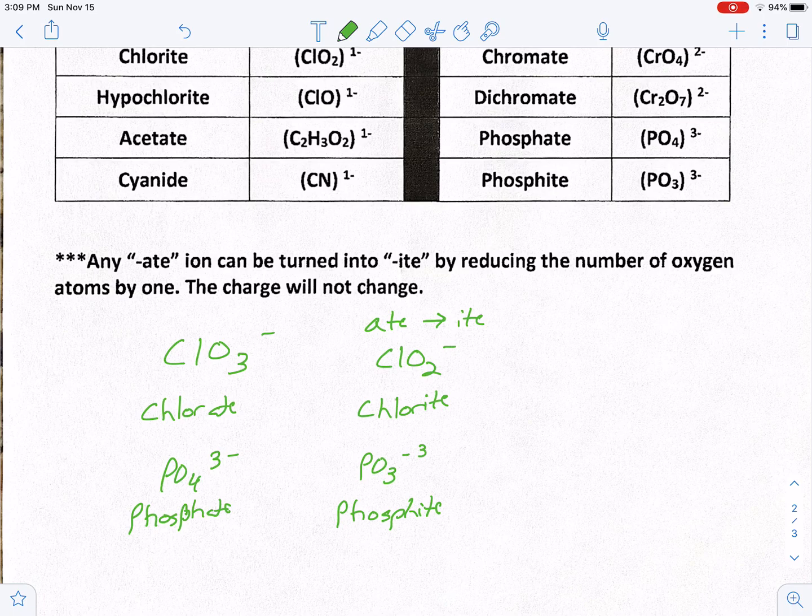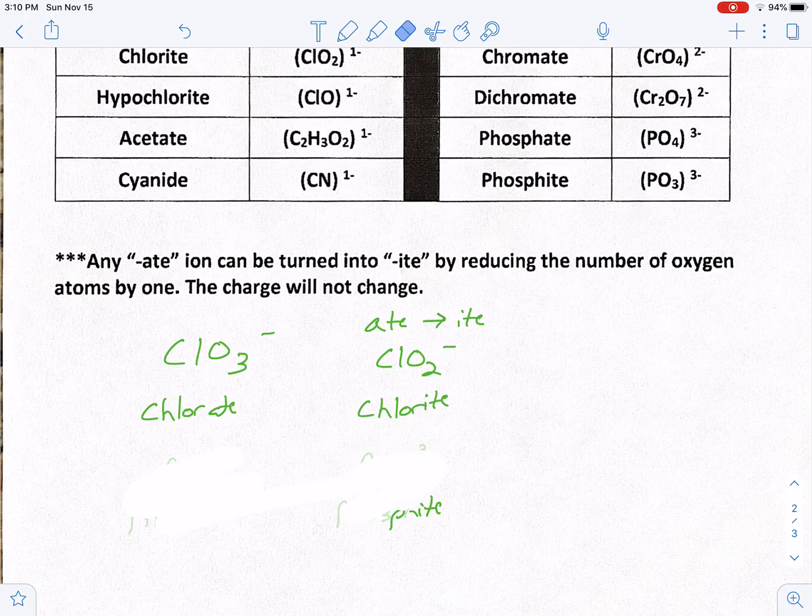So it did not affect our charge at all. We just lose an oxygen. So if you lose 1 oxygen, it goes from ate to ite. So it's not a specific number of oxygens, it's just if you lost one, because chlorate has 3 oxygens and phosphate has 4 oxygens. So it's not the number of oxygens that's telling us what ate actually is. It's just when we change the name, that means we lost an oxygen.